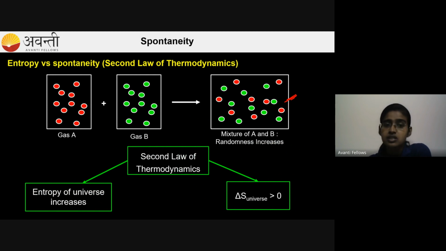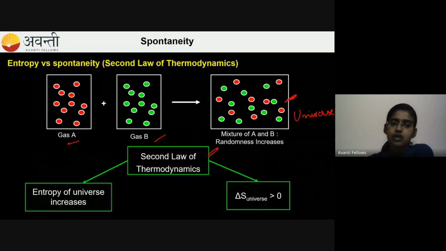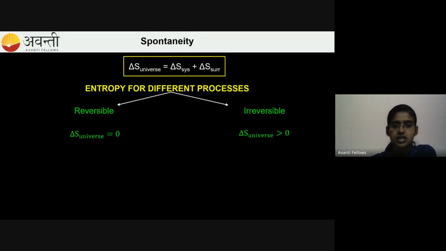So this states the second law of thermodynamics, in which the entropy of the universe is increasing. Randomness increases for the universe, so the entropy also increases. So the entropy of the universe will be greater than 0 according to the second law of thermodynamics. Okay, so it leads to this equation, system plus surroundings giving universe.